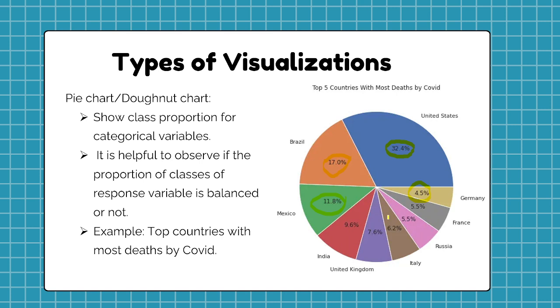For this pie chart, we can only find out the proportions for a certain categorical variable, right? But it's not in depth. So it will be helpful to observe if these proportions of classes of the response variable are balanced or not. We can see here from this pie chart, United States is the country with the highest deaths by COVID, right?